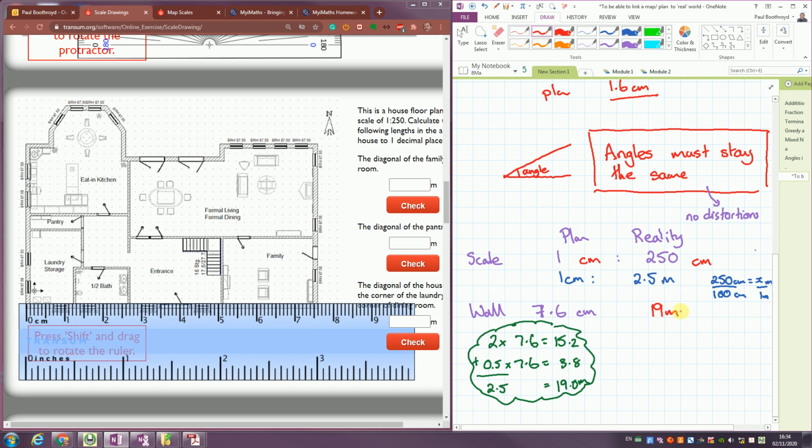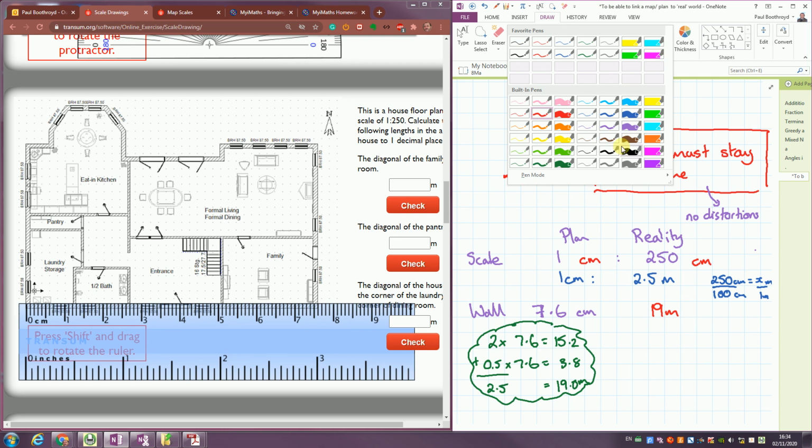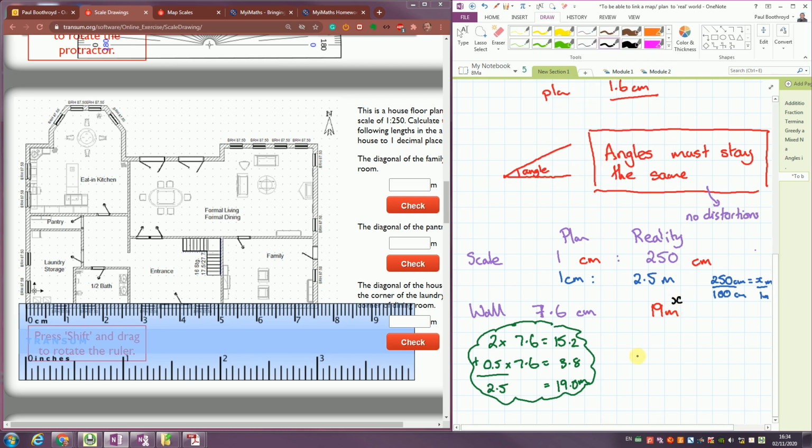Or to use a calculator method, I wanted the x value. So x divided by the wall length, 7.6 centimetres, is equal to the reality wall. In reality, the wall is opposite the 250, so this is the map, and that 250 is equivalent to 1 centimetre.